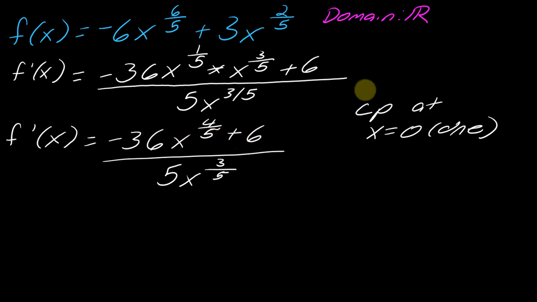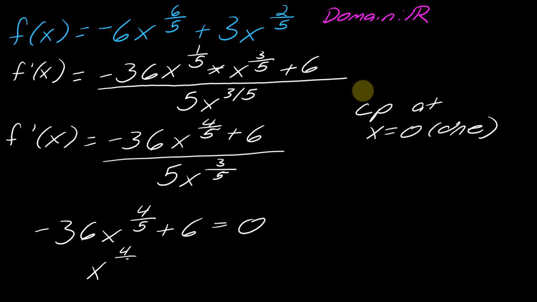And then now we've got to focus on the top and set it equal to 0. Maybe you want to see if you can solve this and then hit play when you think you've got it. So if I look at this, I get x to the 4/5 equals 6 over 36, which I can rewrite as 1 over 6.